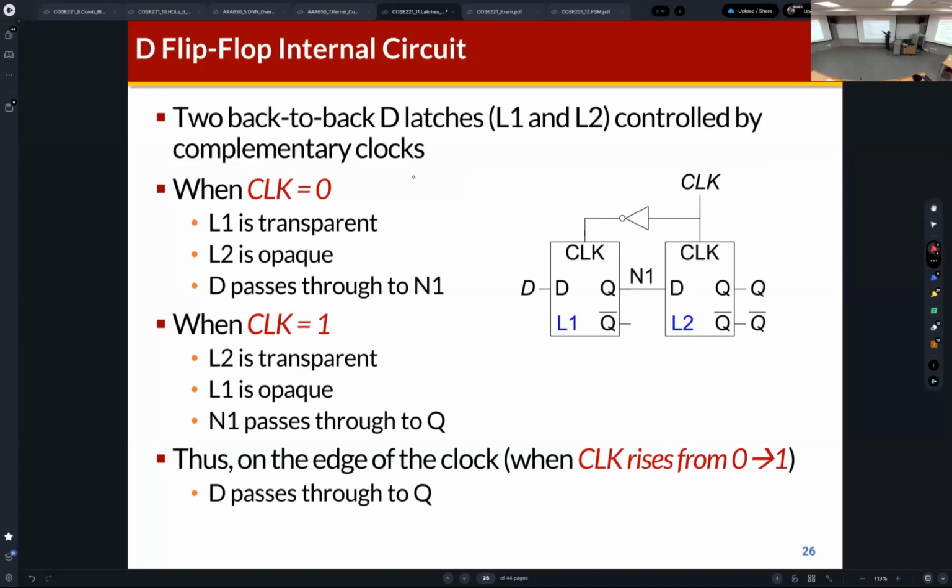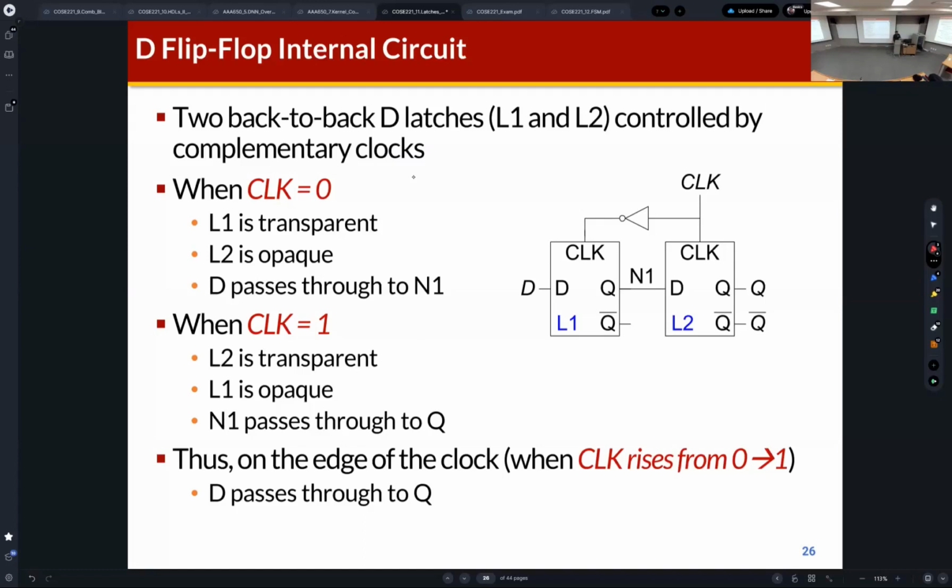You can find two D latches here. They are connected in series, and the clock signal is directly connected to the clock port of the first D latch, and the inversion of the clock signal is connected to the clock port of the second D latch.